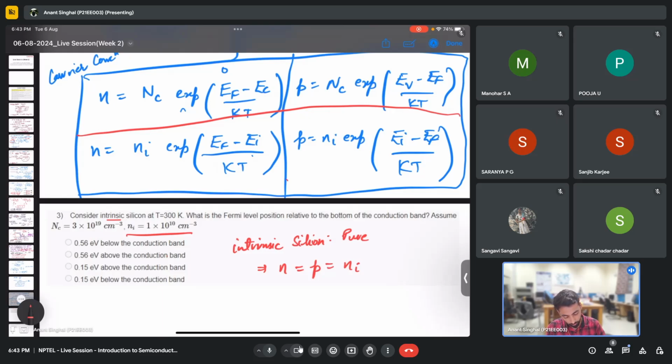It is asking what is the Fermi level position related to the conduction band, that is, EF minus EC. Nc is also given, and you need to just find out this EF minus EC. So we have all the formulas. Just go ahead and let me know what answer you are getting. You can take 2-3 minutes. This is very easy.